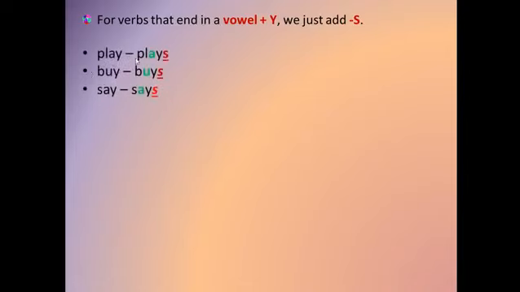For example, play. He plays. Why? Because I have a vowel here, a, and a y, so I simply add an s at the end. She buys. I have a vowel here, u, and a y, so I simply add an s. It says. So I have a vowel here, an a, and a y, so I simply add an s in the present simple.